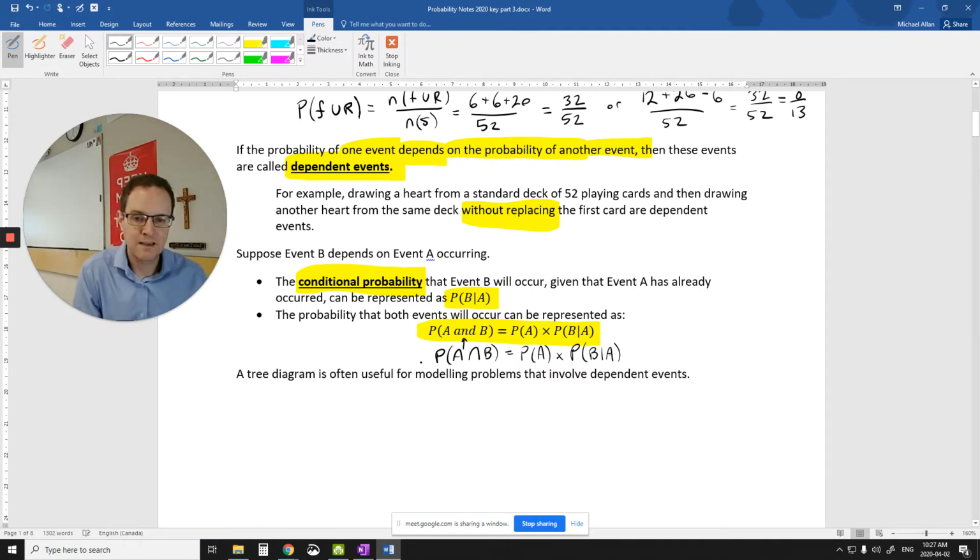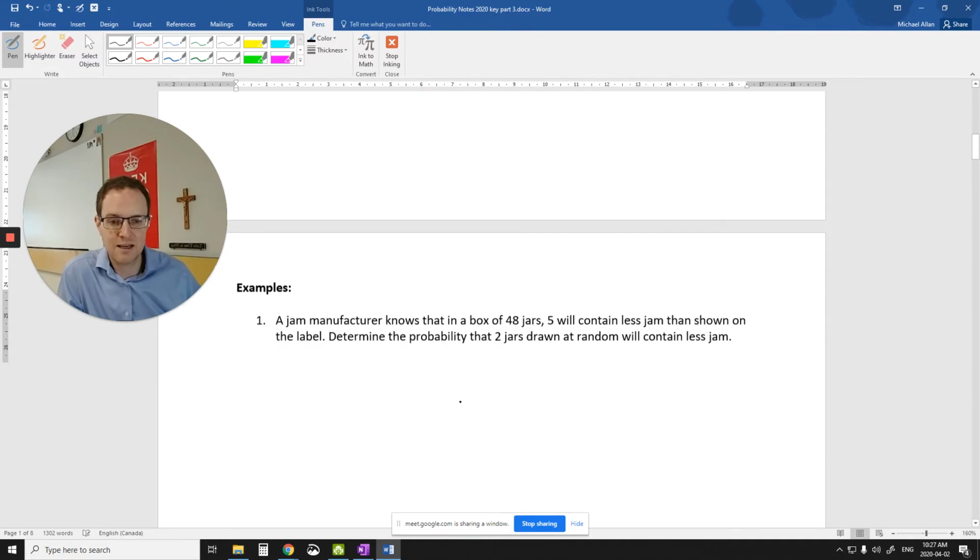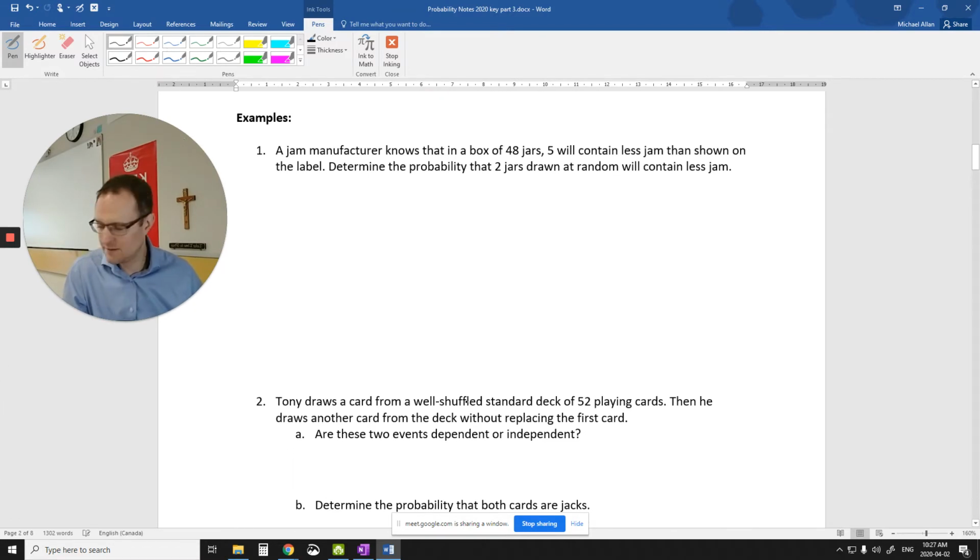Again, we're going to use some tree diagrams here to make these questions a little easier to understand and look at. So for this next question, we're going to use a tree diagram to solve it, to see how it works, and I'm going to talk about how you can verify that you did something correctly. A jam manufacturer knows that in a box of 48 jars, 5 of them will contain less jam than shown on the label.